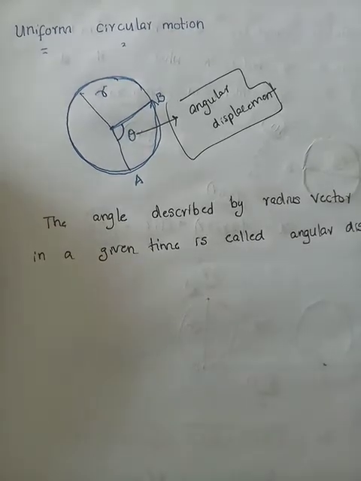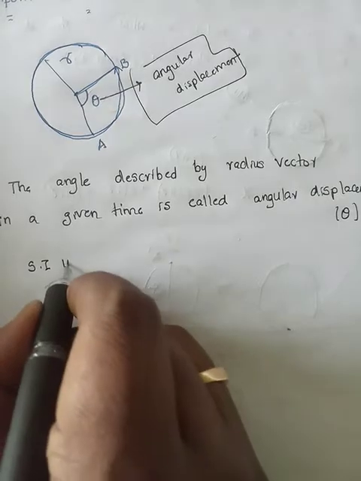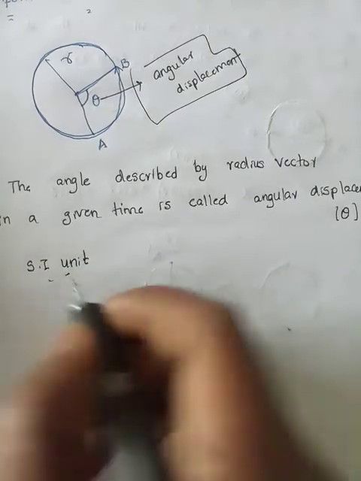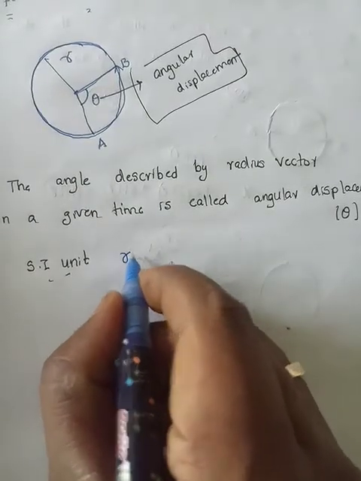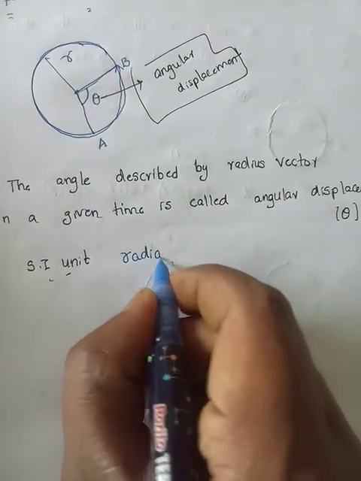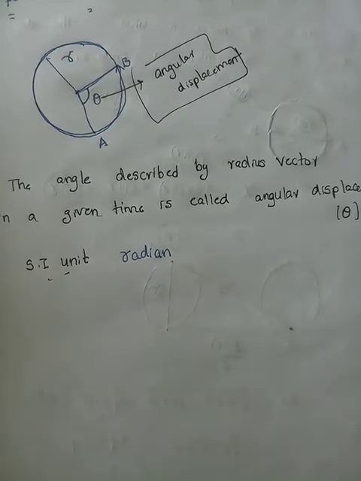It is represented by the letter theta. As we learned in the first chapter, plane angle is measured in radians. So the SI unit is radian, and since it is a supplementary quantity, it does not have dimensions.